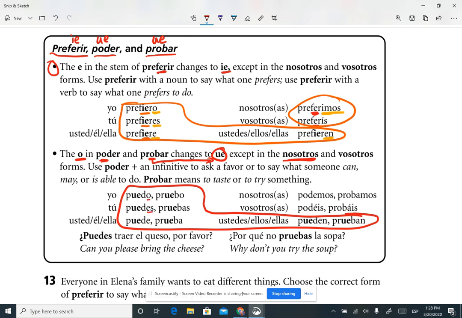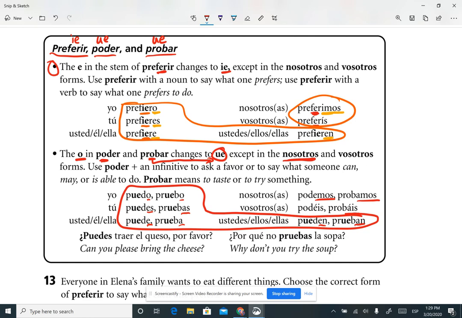Nothing changes there. Just use the endings: drop off the AR, ER, IR, add the normal endings, and make sure you change the stem unless it's in the we form. And that's pretty much it.